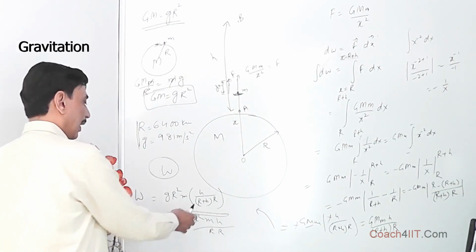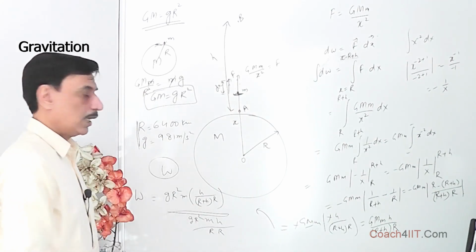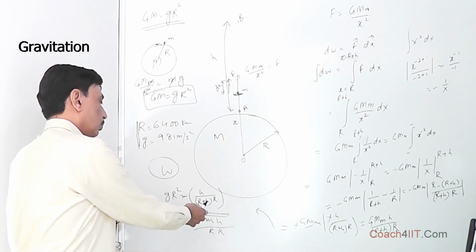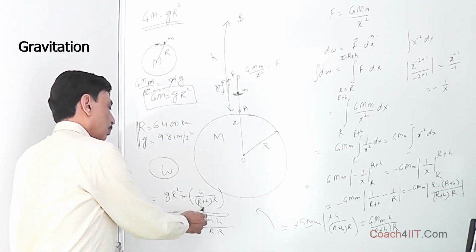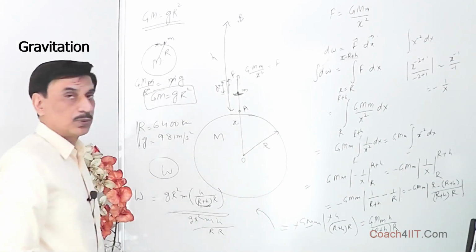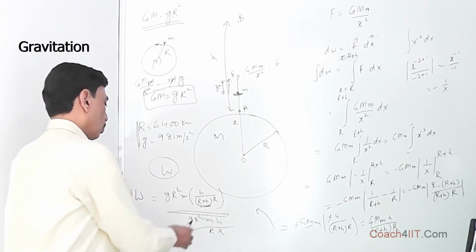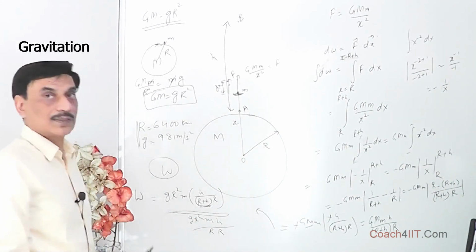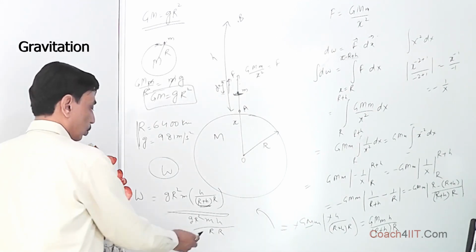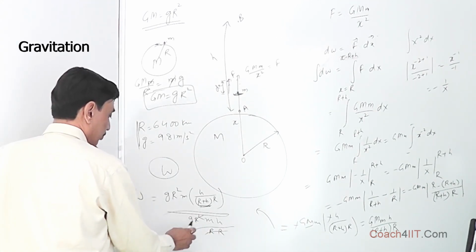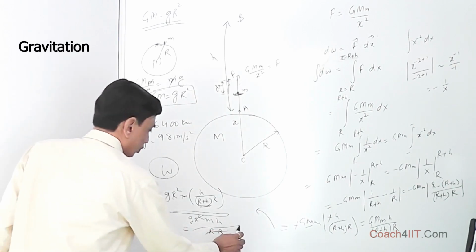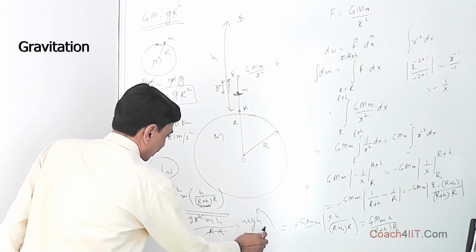R is 6400 kilometer. Even if we add 1 or 2 kilometers, it is practically almost equal to 6400 kilometer only. So we can neglect h, and this comes out to be mgh.